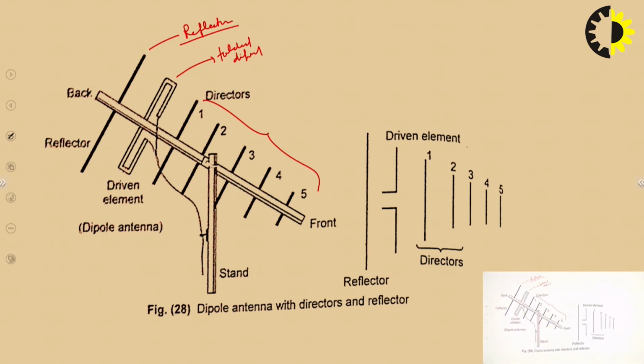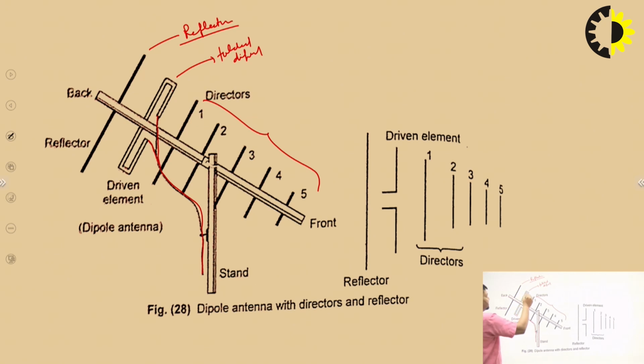In this type of antenna, two types of antenna elements are used. The first is the active element, the second is the passive element. Active element means we introduce an input in that particular dipole.